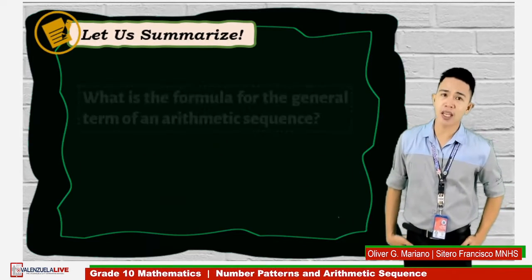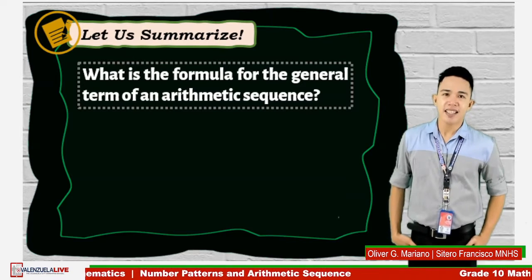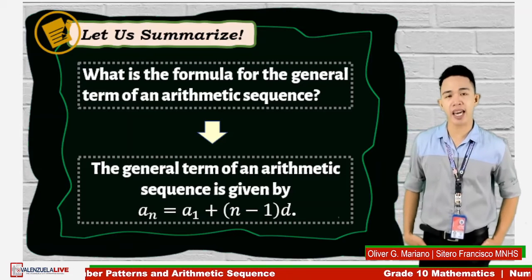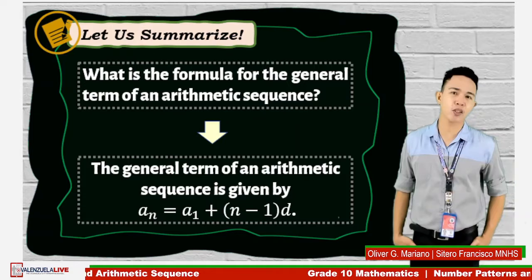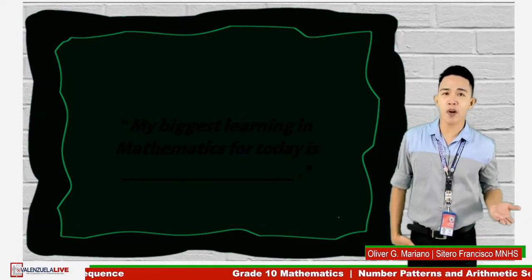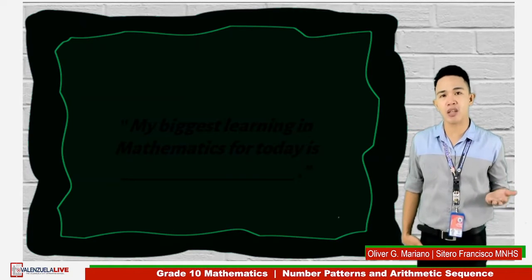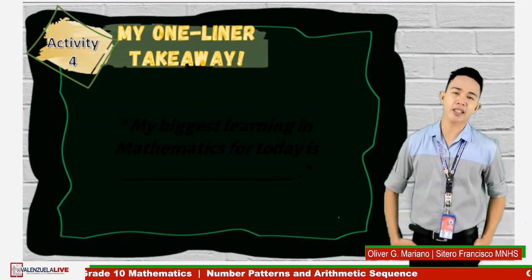What's the formula for the general term of an arithmetic sequence? The general term of an arithmetic sequence is given by a sub n is equal to a sub 1 plus quantity n minus 1 times d. At this point, I would like you to reflect on what you have learned today through our activity entitled My One-Liner Takeaway.